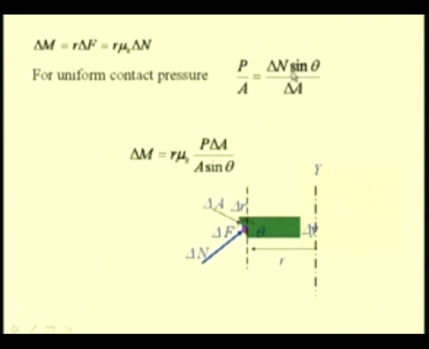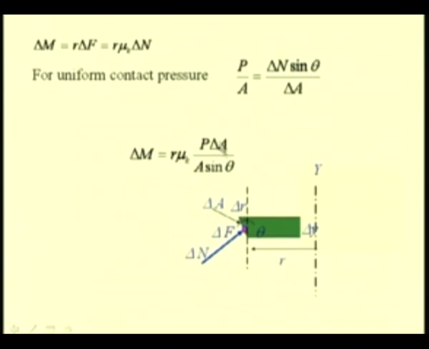Now, substituting this, we have delta M as r mu k P delta A by A sin theta, where A is the total area of contact, and theta is the semi conical angle of the pivot bearing.